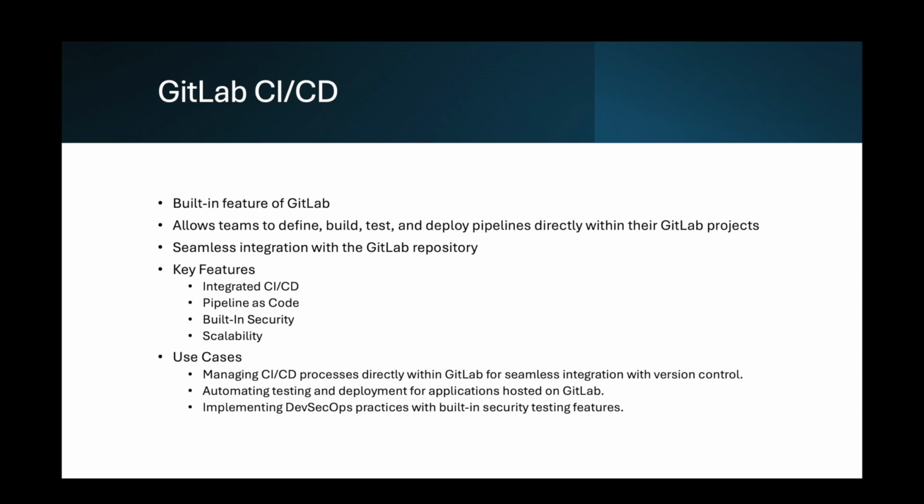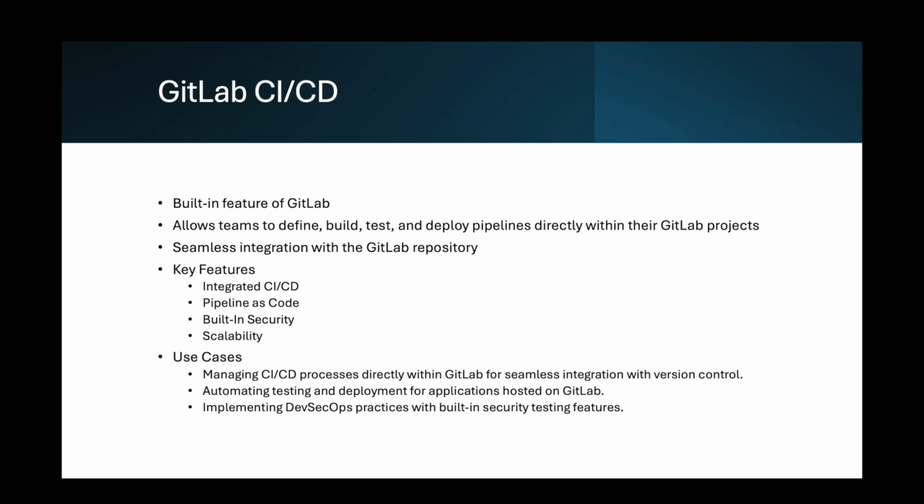Pipeline as code: pipelines are defined in a .gitlab-ci.yml file, which can be versioned along with the project code. Built-in security includes security features like container scanning, dependency scanning, and static application security testing, which is SAST.